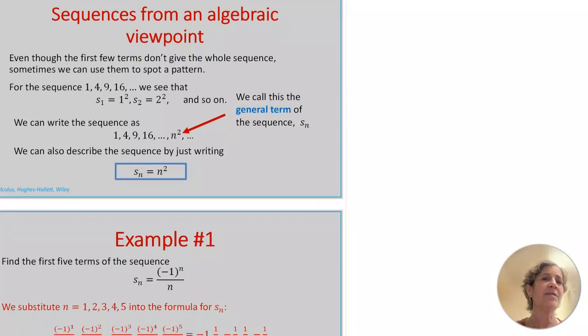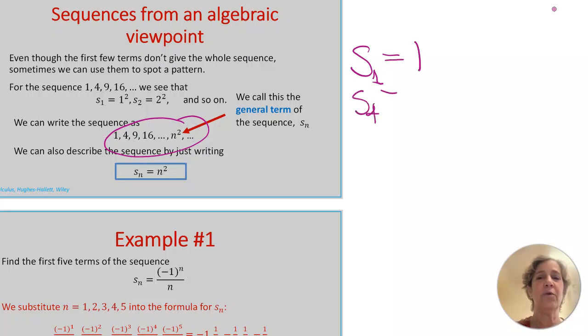A lot of times algebraically, we like to look for a pattern, and then we can give a formula for the sequence. The notation uses the letter S. Some books also use the letter A for a term in the sequence. The subscript tells you which place you are in the sequence. So S sub 1 here would be 1.